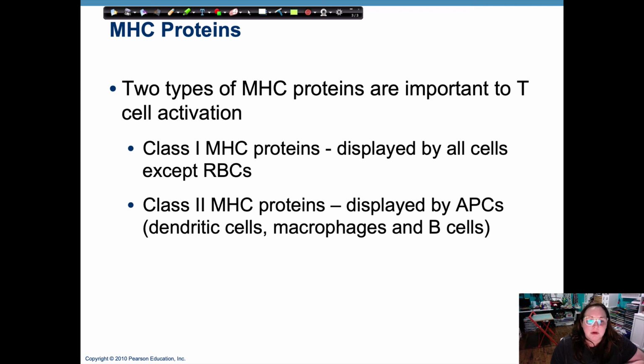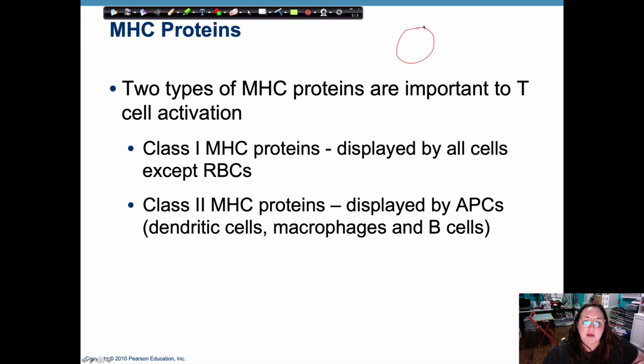So MHC proteins come in two varieties. You have MHC1 proteins, which any nucleated cell in your body has. If it is a cell with a nucleus, that cell in your body has an MHC1 protein. And that MHC1 protein's job is to display self-antigens.